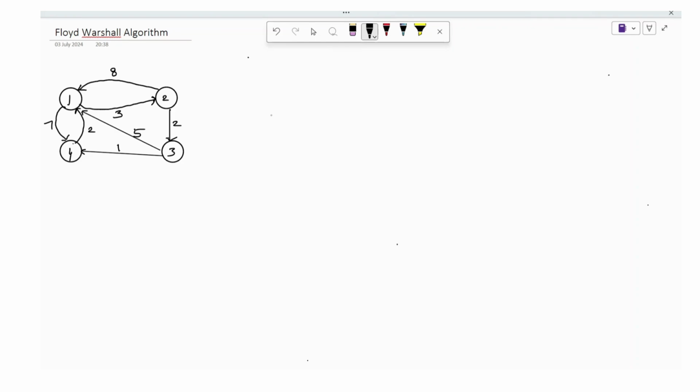Now let us write the generalized formula for the approach we have done till now. So basically I want to find the shortest path from i to j through vertex k, right? It will be equal to minimum of the path that exists at k minus 1 level, right?